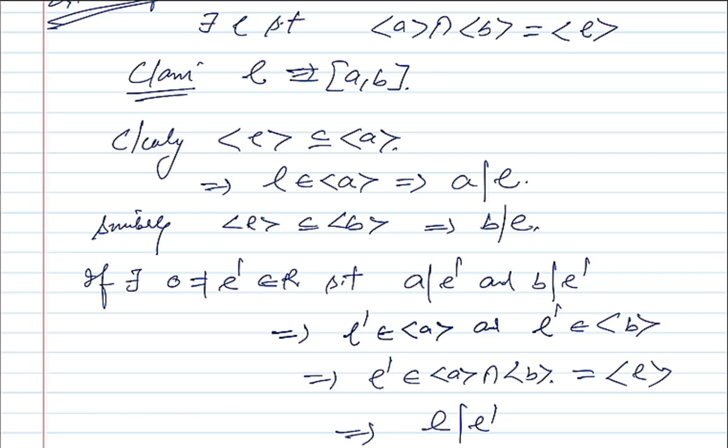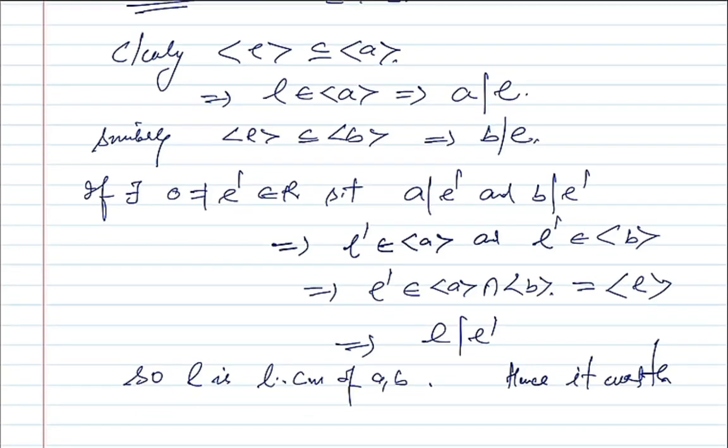So L is the least common multiple of A and B. Hence it exists. So LCM and GCD both exist.